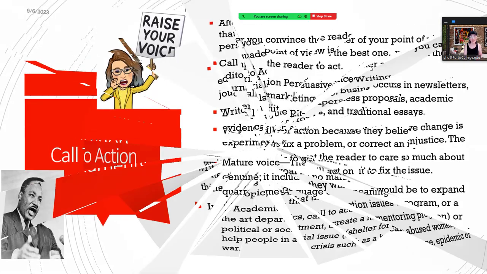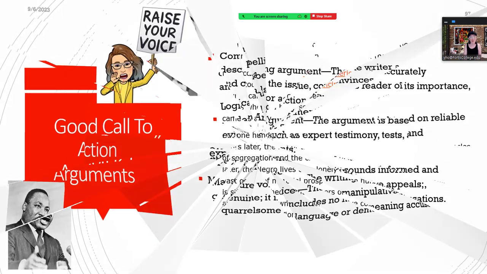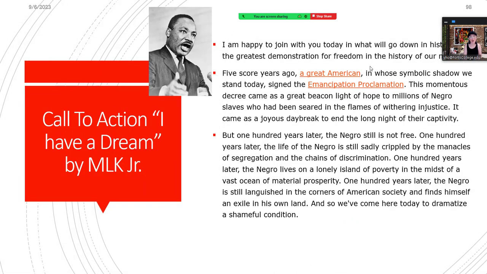And for me, the best call to action persuasive essay was Martin Luther King's I Have a Dream. In this speech, Martin Luther King talks about what it's like to undergo and overcome racism. So he writes with a lot of ethos because he is an authority on the topic.